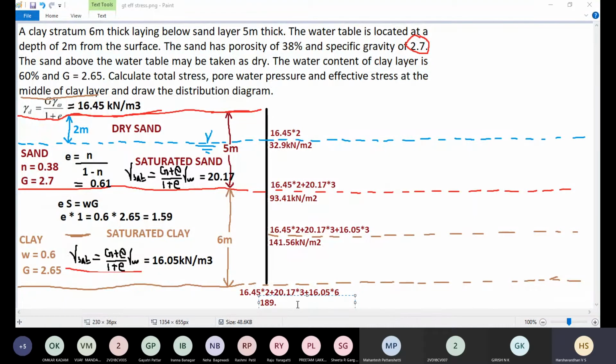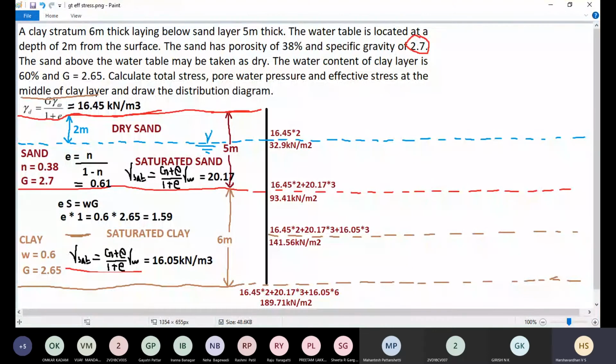The unit is kilonewton per meter square. Okay, all of you are getting the same answer. Can I go to the next part of the calculation?